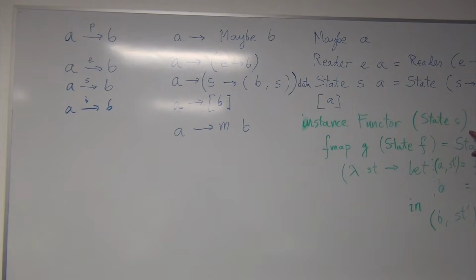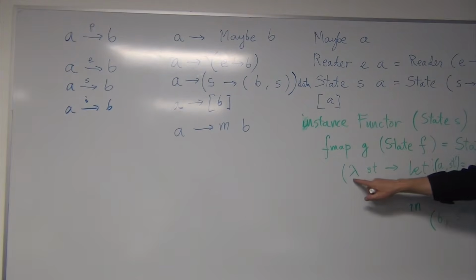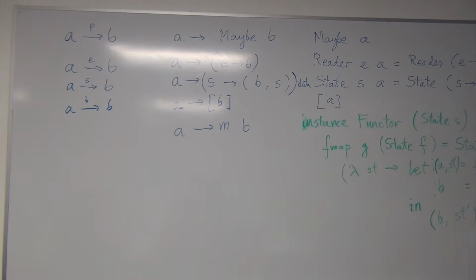So I'm creating a new state using a function that takes state and applies the function F to the state, producing a pair which has A in it. I apply G to this A to get a B, and I finally return B paired with the new state.